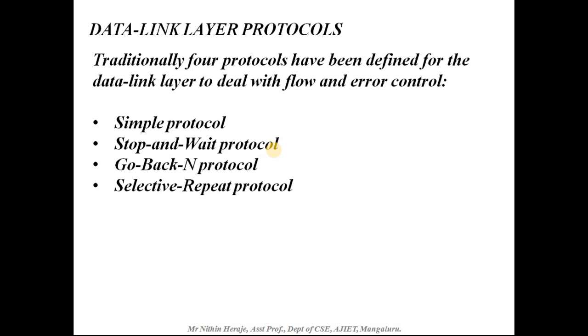Traditionally there are four protocols defined for the data link layer, which will handle flow and error control. These are those four protocols. The first one is the simple protocol. The second one is the stop and wait protocol, the third one is the go back n protocol, and the fourth one is the selective repeat protocol.